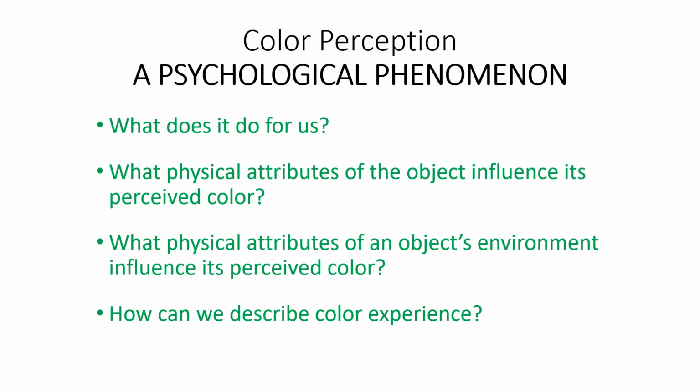But color perception really is a psychological phenomenon. I think it's more clear in color perception than almost anything else that we talk about that we are all experiencing this differently, and that what is out in the world actually is wavelength information, and what wavelengths are being reflected into our eyes.